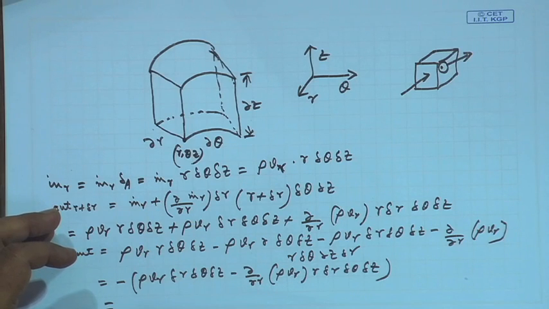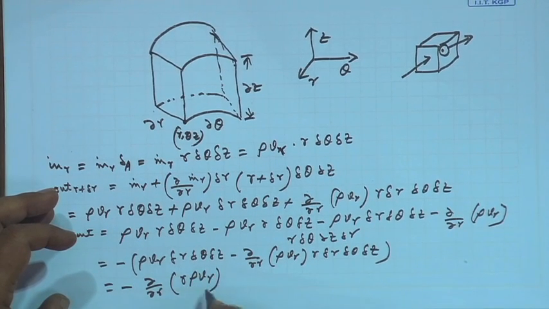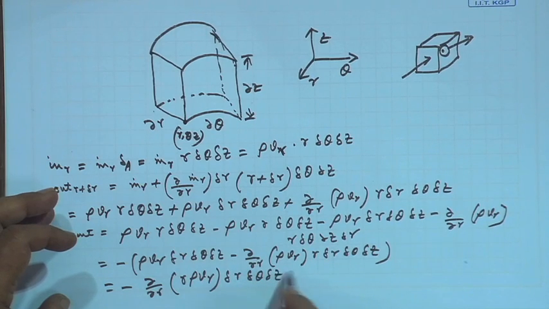then we can make them as the compact one like this, that this is equals to minus del r of r rho V r into del r del theta del z. How?